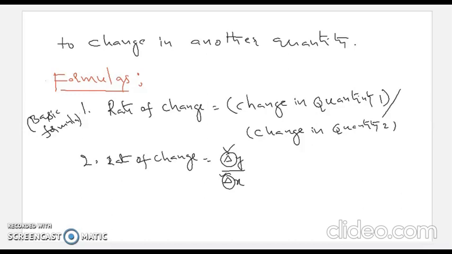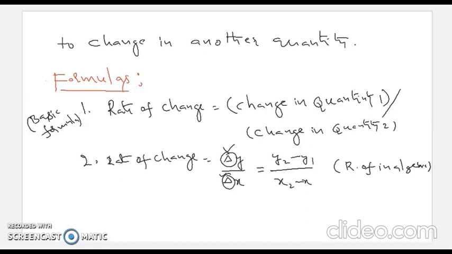So delta y means change in y, delta x means change in x, is equal to, all of you know this formula, y2 minus y1 by x2 minus x1. So this second formula is known as the rate of change in algebra.